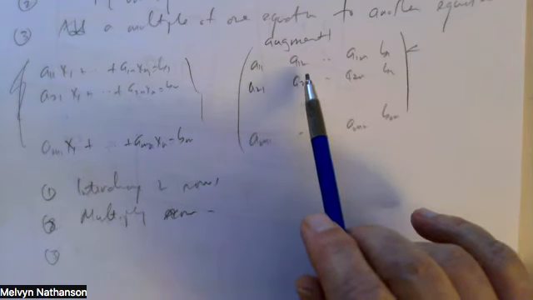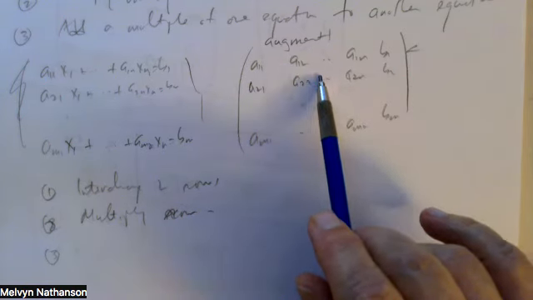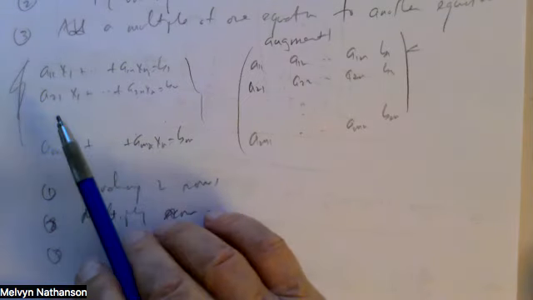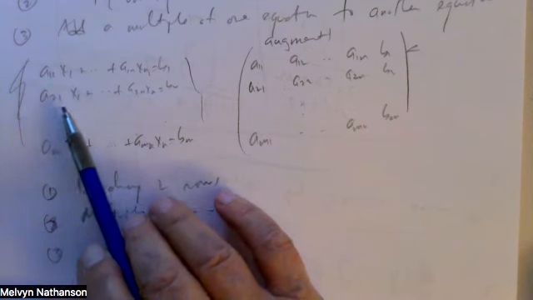And every time you do something to the augmented matrix, you can translate that back into a system of equations. And the systems of equations are always equivalent. They have the same solutions.